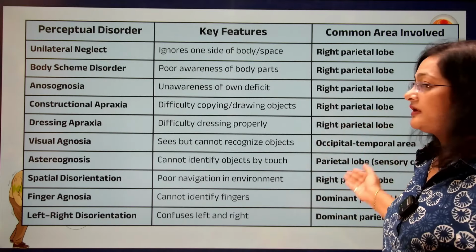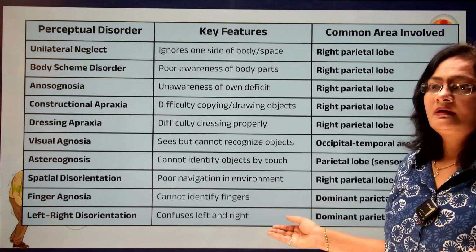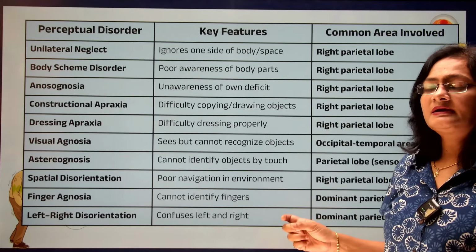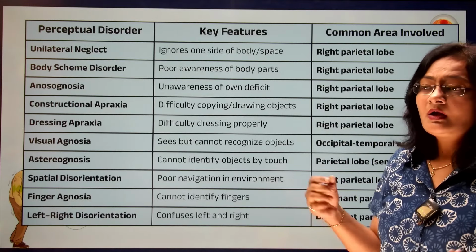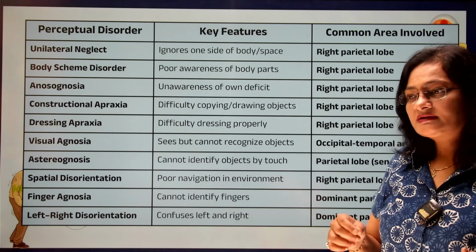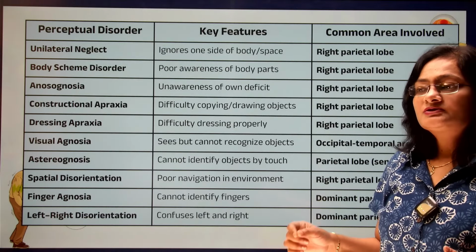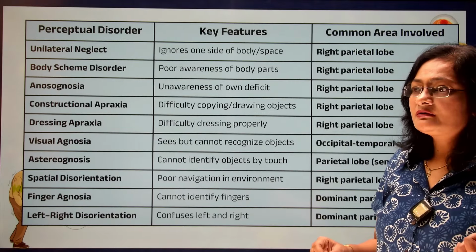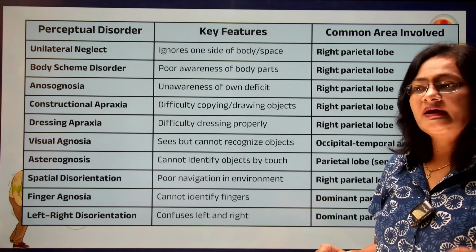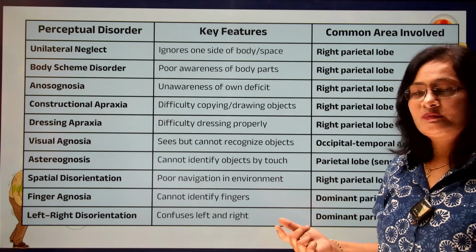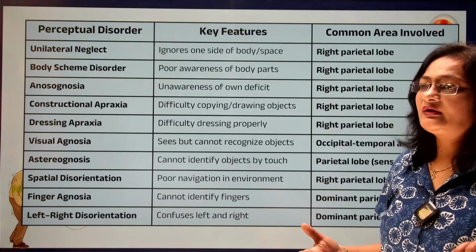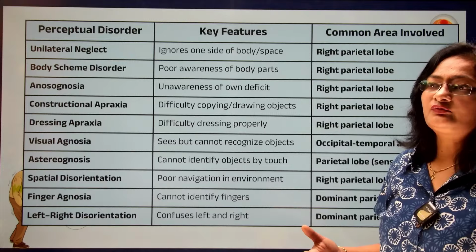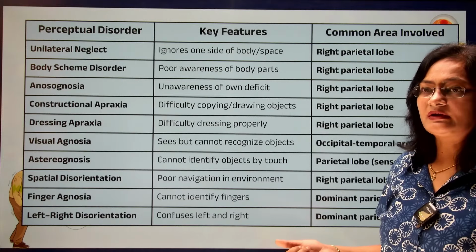There are various areas. Majority of the time it is the parietal lobe, right, meaning non-dominant in the majority of people. What is dominancy? For example, I am right-handed, so my left lobe is dominant. But when I am left-handed, my right lobe is dominant. So for the majority of right-handed people, their left will be dominant, and for left-handed people, their right will be dominant.